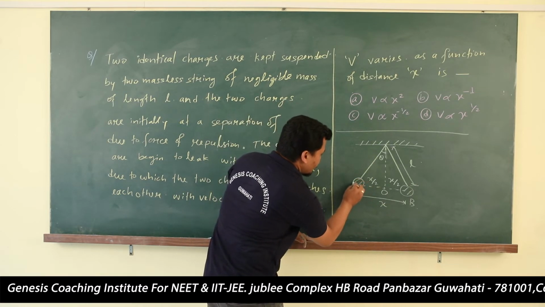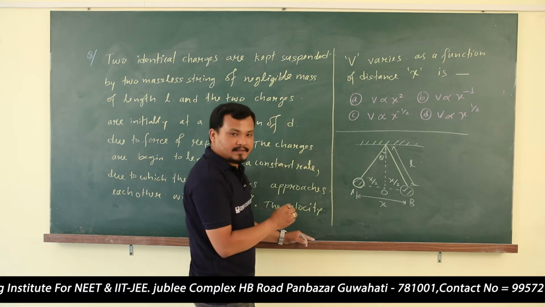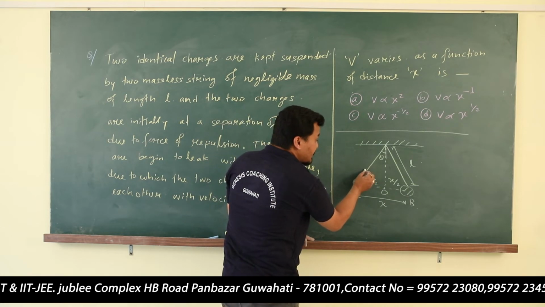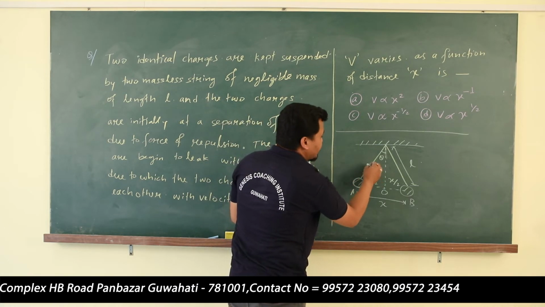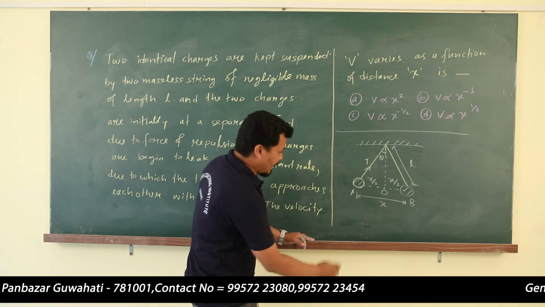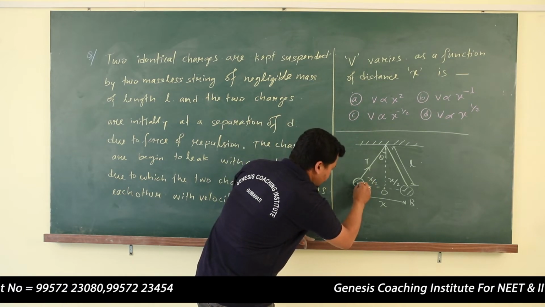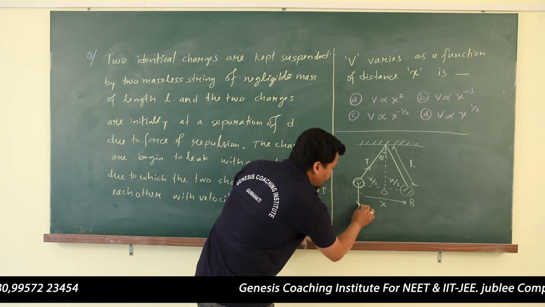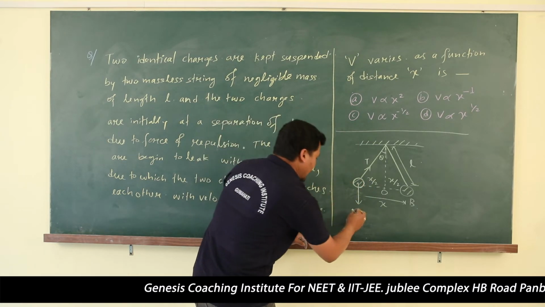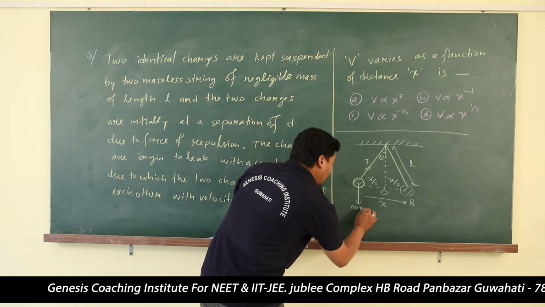Now, due to the mass of the charge, there is a tension T in the string, and the weight of the charge always acts vertically downward, equal to mg.